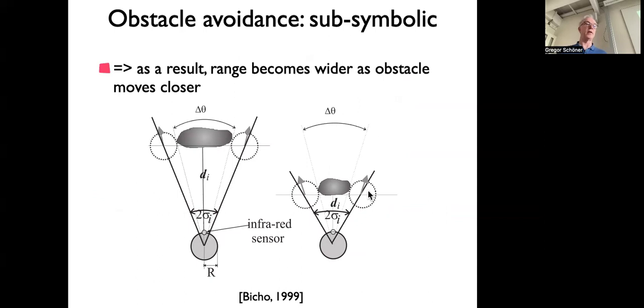Actually, to the center. If you have to avoid this, I have to steer here quite a bit. Right? If it's very far, then it's the angle that I will subtend on my sensor surface as an object projected at that distance is smaller. And that actually plays a role.